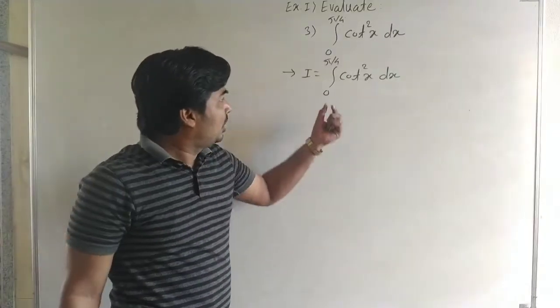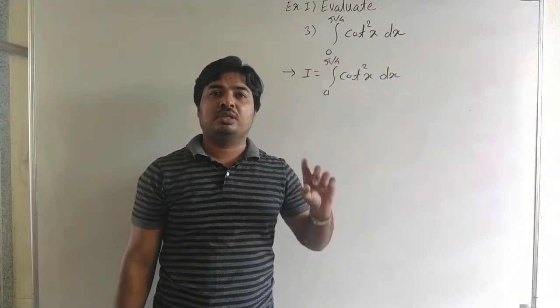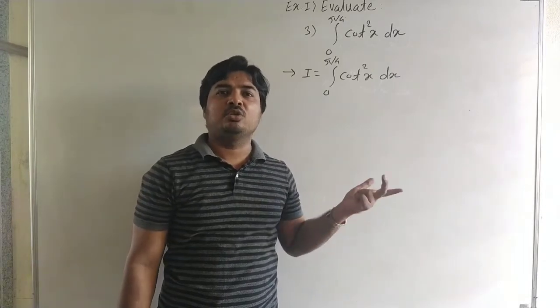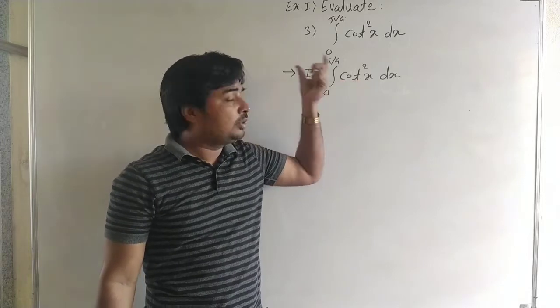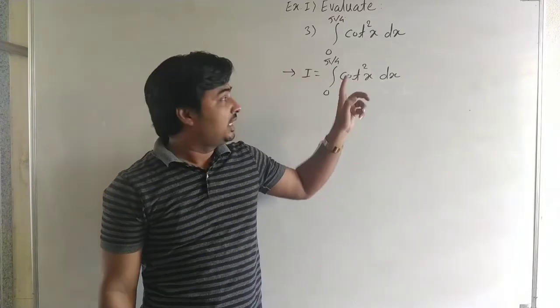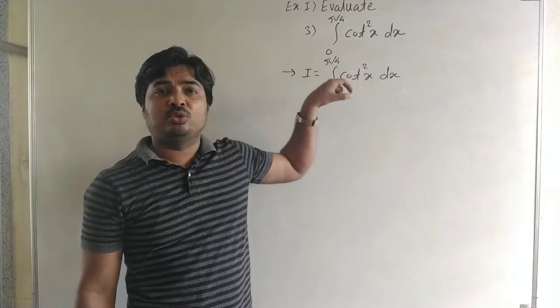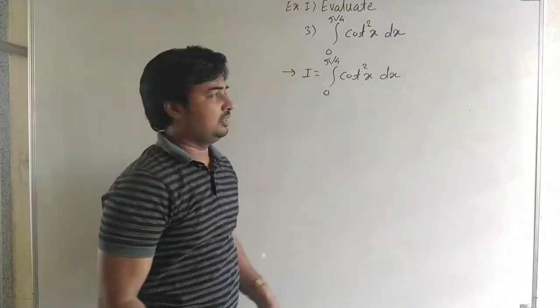Now we know how to find the integral of sin square, cos square, tan square, cot square, sin cube and cos cube. Okay, to find the integral of such types of functions we use the trigonometric formula of that function. Here we use cot square x is equal to cosec square x minus 1, and cosec square is a standard integral.